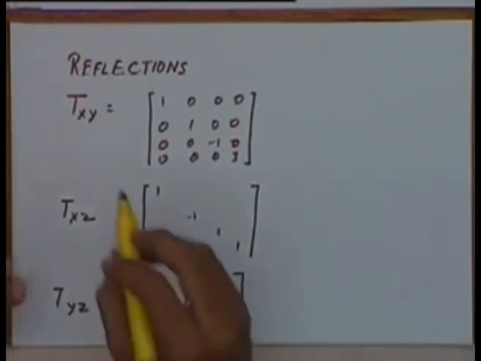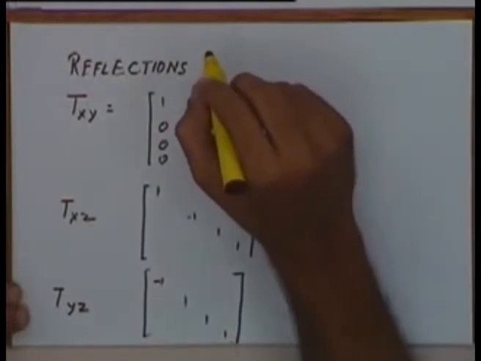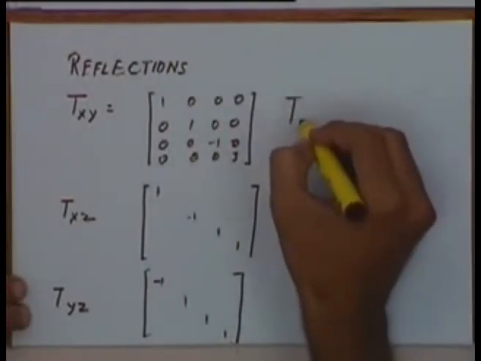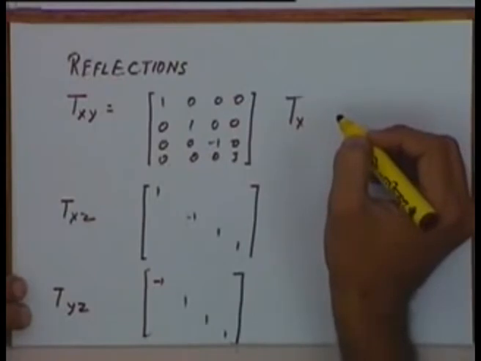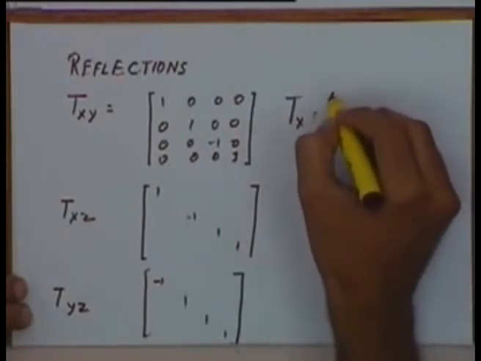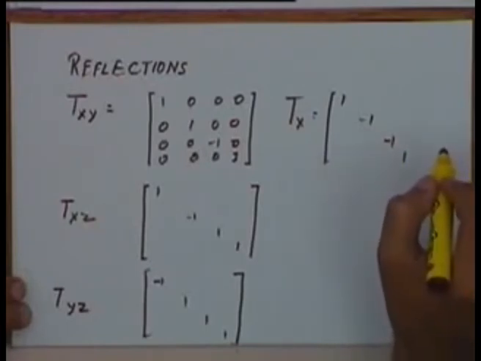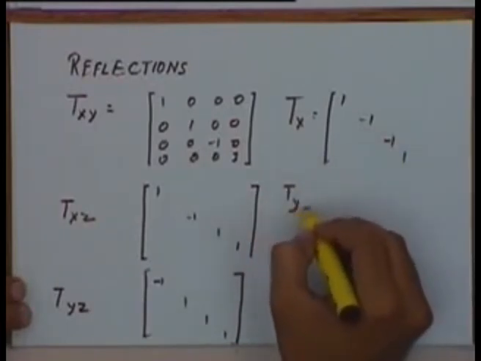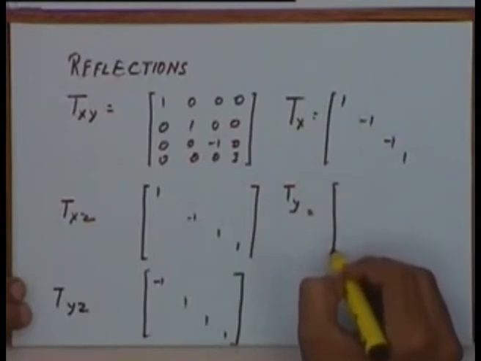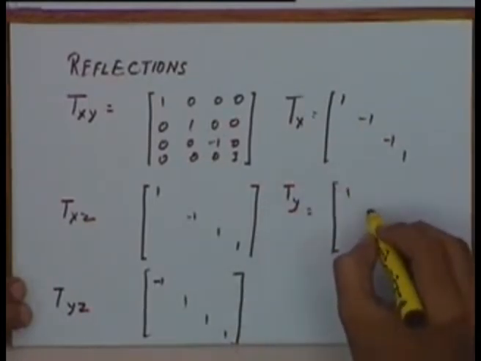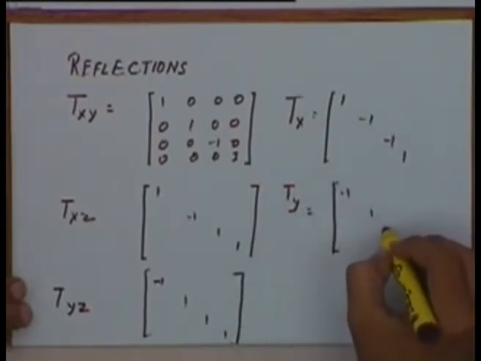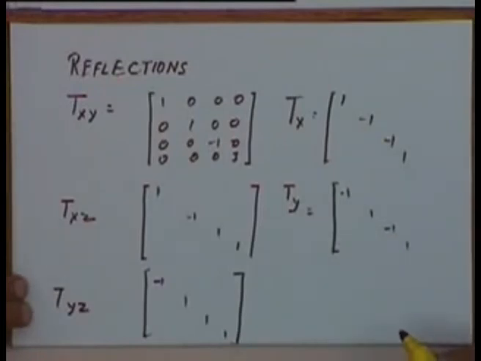If you want to reflect about an axis, so if you want to reflect about the x axis, what will happen? Both y and z values will change. Similarly, if you want to reflect about the y axis, x and z values will change.